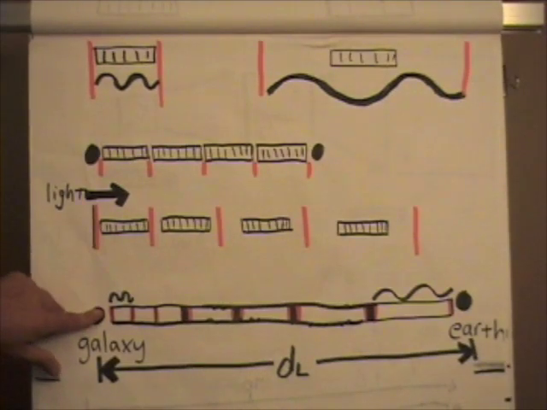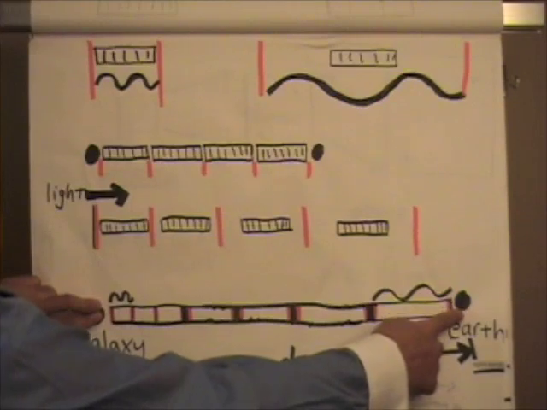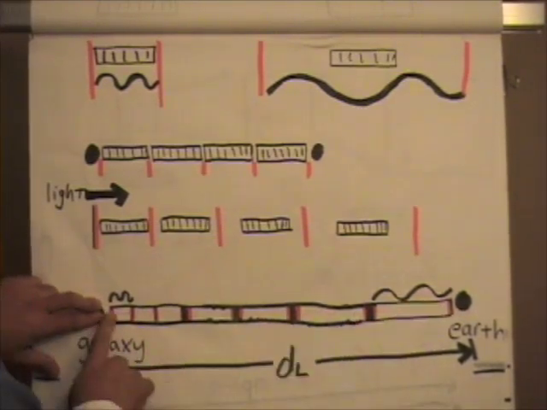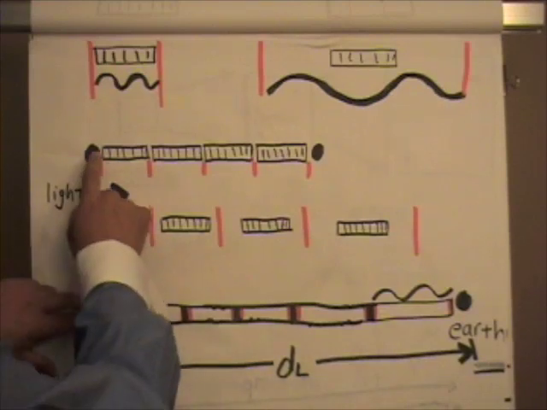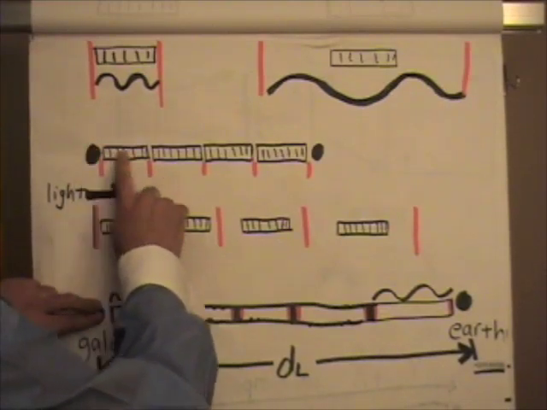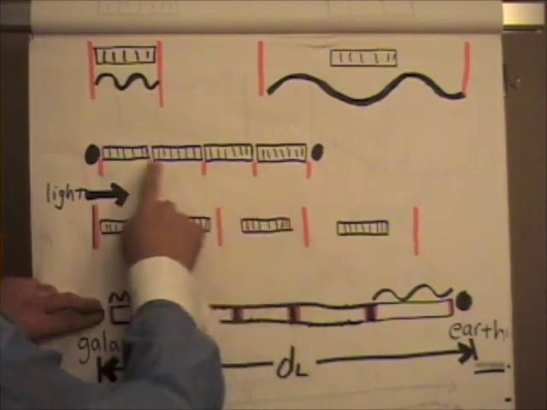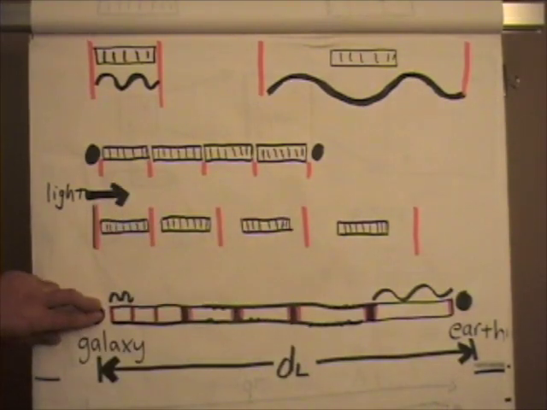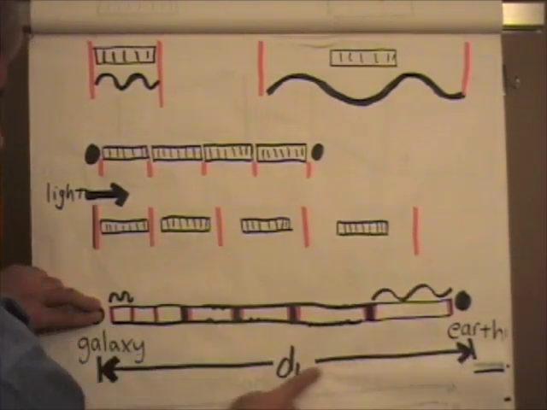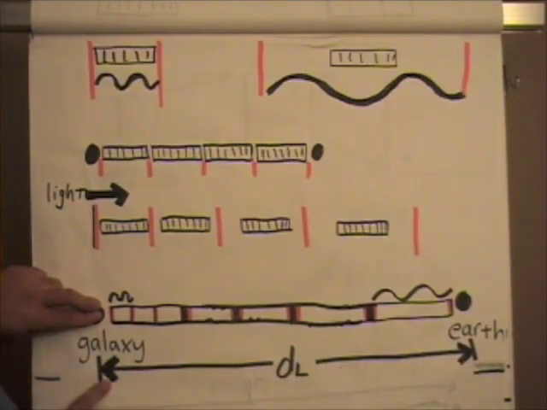And it's immediately obvious that the distance that the light traveled is much larger than the distance that the galaxy was from the Earth at the time the light was emitted. So it's incorrect to say that the measured distance is the distance to the galaxy.